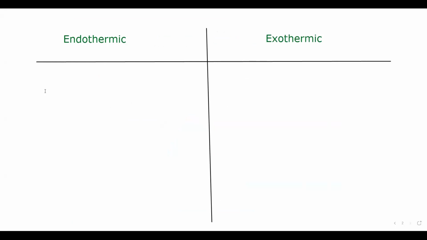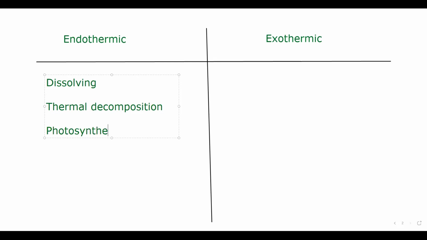Examples of endothermic reactions are dissolving, thermal decomposition, photosynthesis, and electrolysis, because in electrolysis we supply electrical energy.